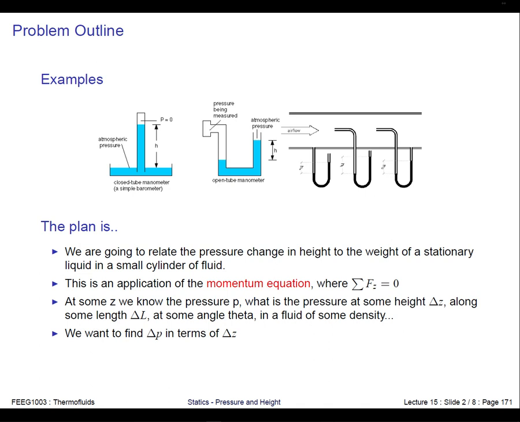The other application is to measure force distributions on surfaces. This might be required if you wanted to build a dam, and we're going to deal with that in the next lecture. In this lecture, we're just going to look at the relationship between weight and the pressure caused by this weight. The classic example is a manometer.